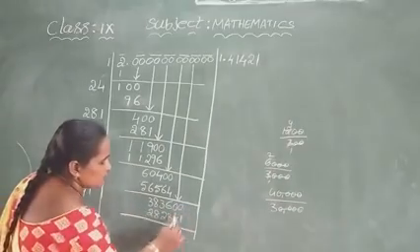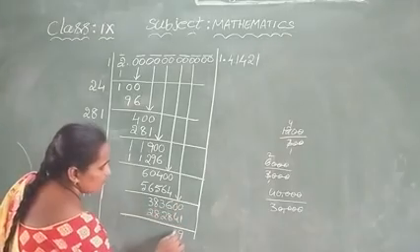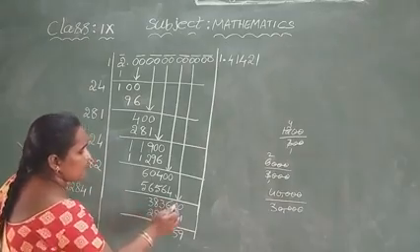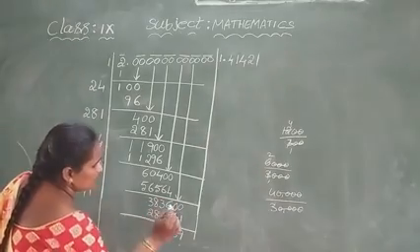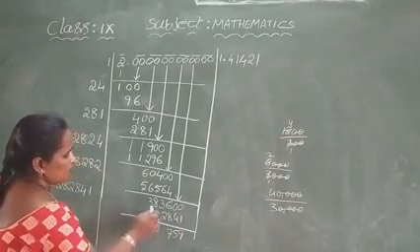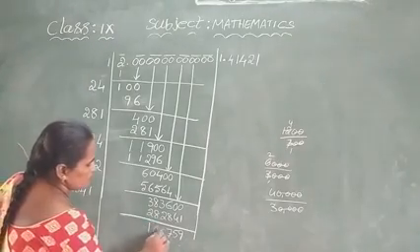So borrowing subtraction, 10 minus 1 is 9, and here also 9 minus 4 is 5, 5. Borrowing method, 15 minus 8 is 7, and 2 minus 2 is 0, 8 minus 8 is 0, 3 minus 2 is 1, 1, 0, 0.